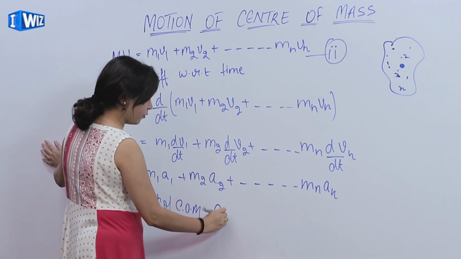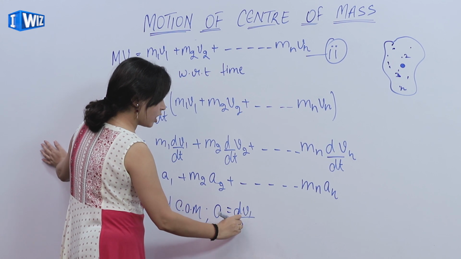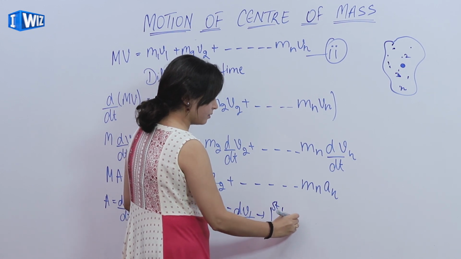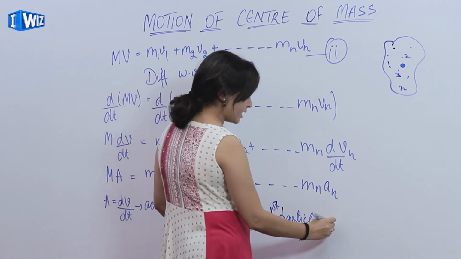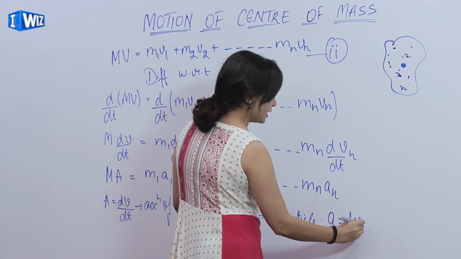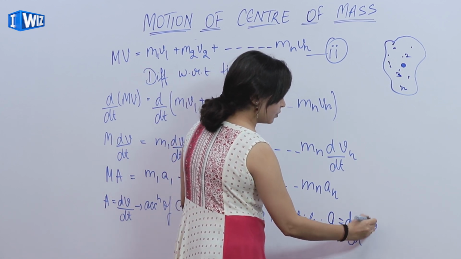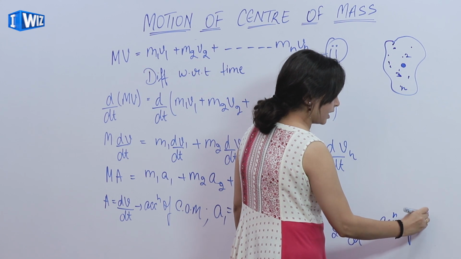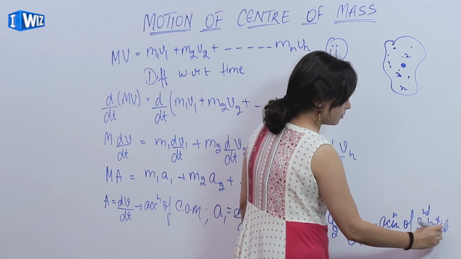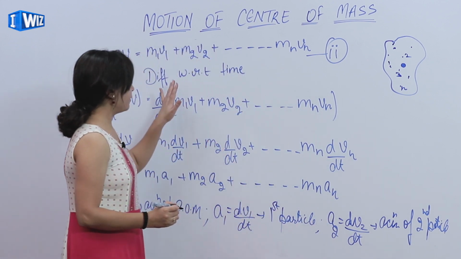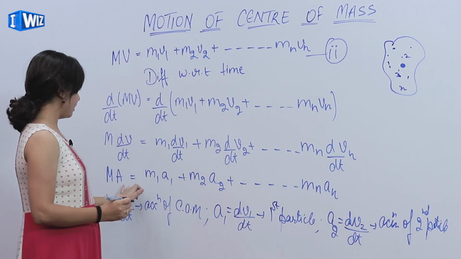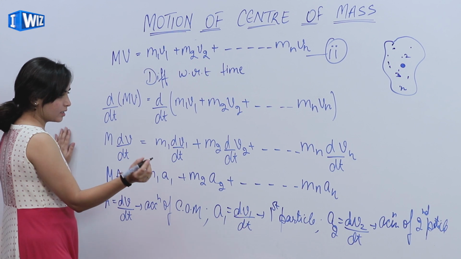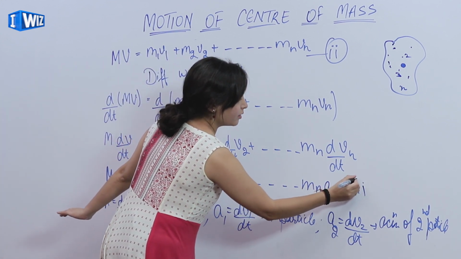Similarly, a1 is equals to dv1 upon dt, which is acceleration of first particle, and a2 is equals to dv2 upon dt, which is acceleration of second particle. So on differentiating equation 2, we get the acceleration of particle and center of mass. Now, consider this as equation 3.